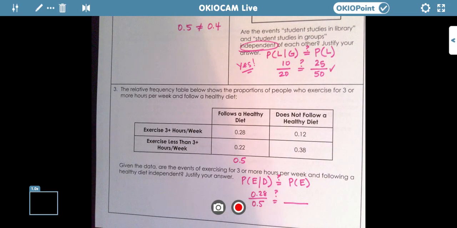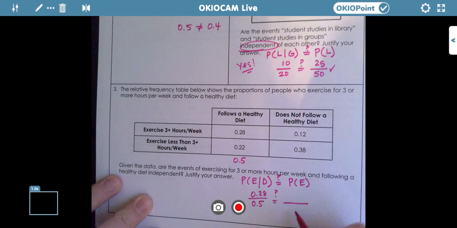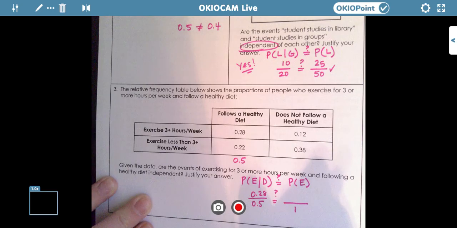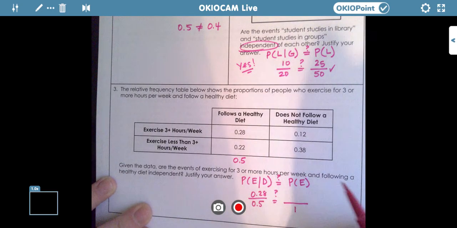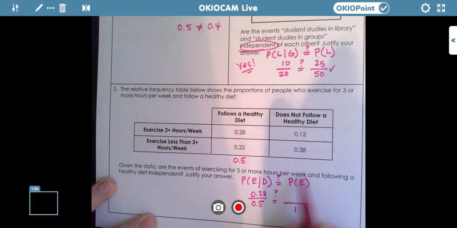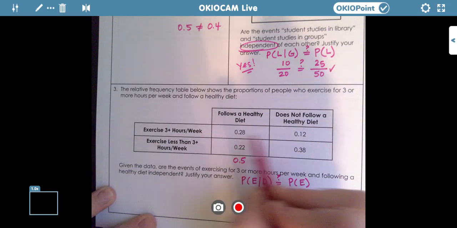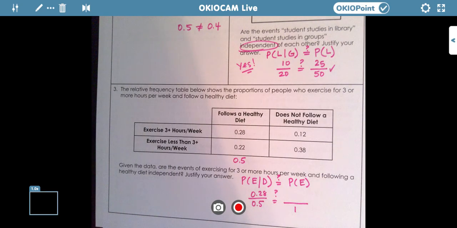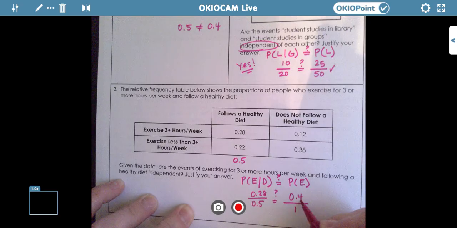Now we need to add all of those up in order to get our grand total. And we get a grand total of 1 here because these all add up to 100%. So the grand total is 1. And then we want to know the probability that they are exercising 3 or more hours a week. So that's our 0.28 plus our 0.12, and that's 0.4. So this is 0.4.